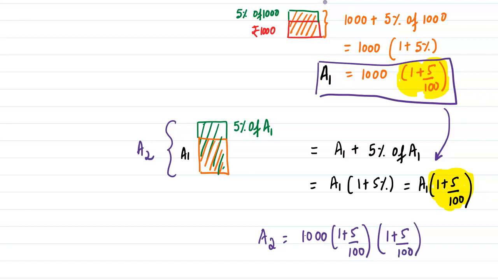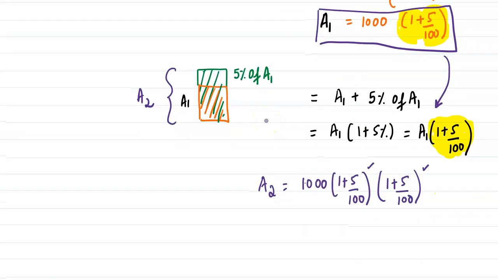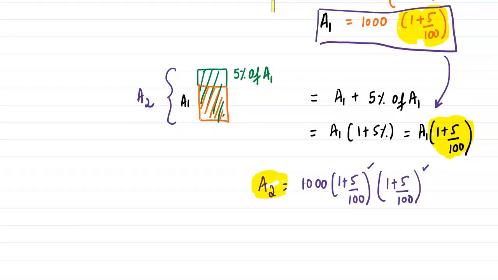Do you notice that a factor of 1 plus 5 by 100 has been applied 2 times for 2 consecutive years? Now, let's keep this aside. Let's see what happens in the third year.